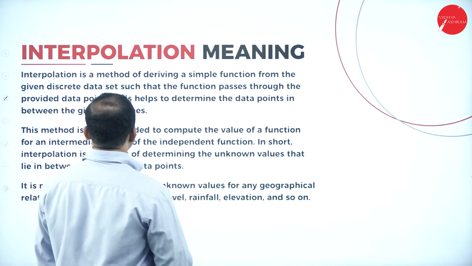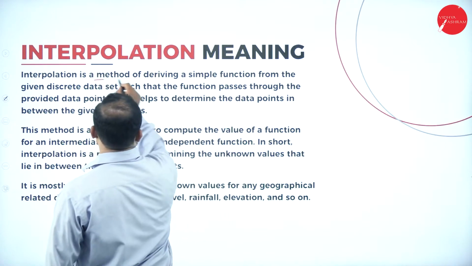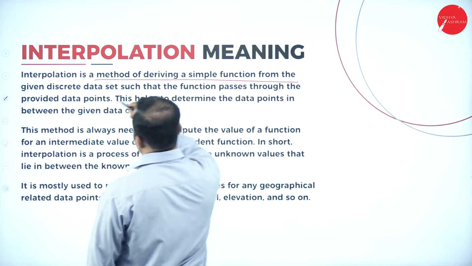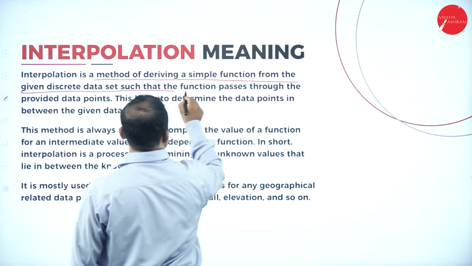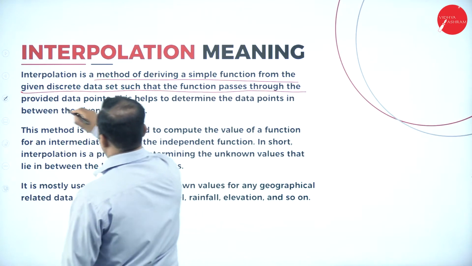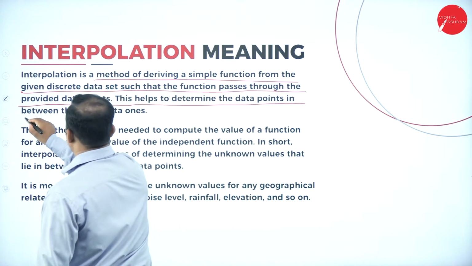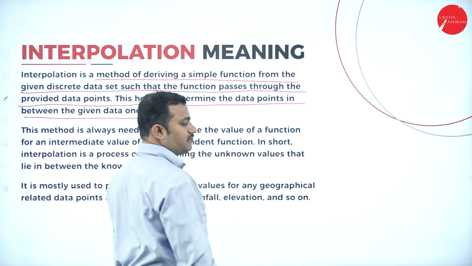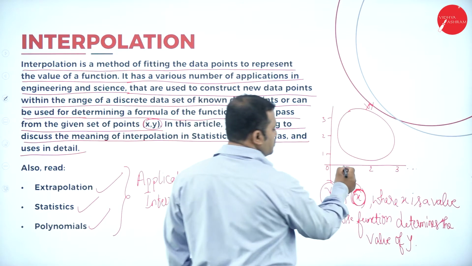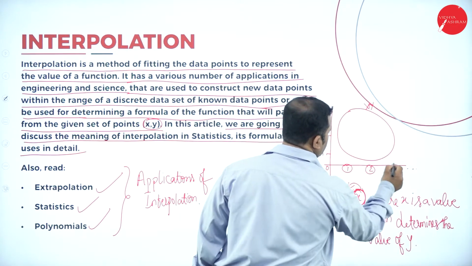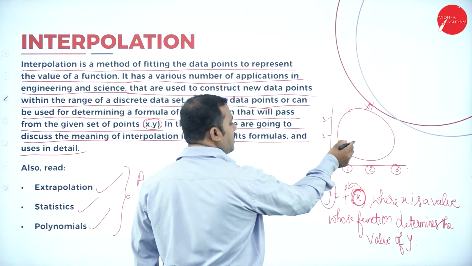Interpolation is a method of deriving a simple function from the given discrete data set such that the function passes through the provided data points. This helps to determine the data points in between the given data ones. Which is the given data? This is the given data: 1, 2, 3. How am I going to determine the data points?